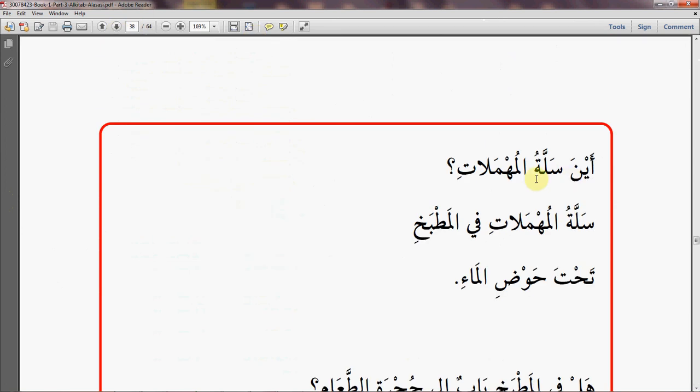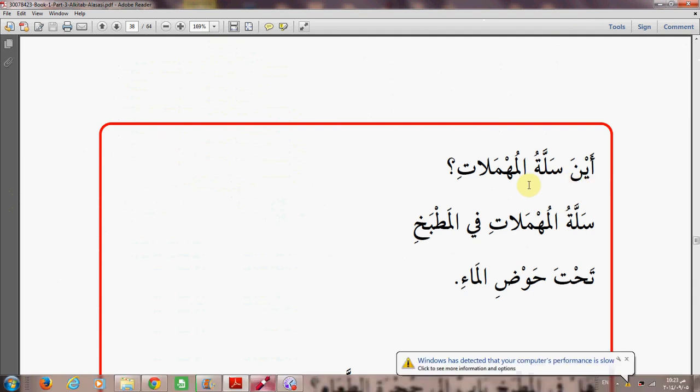أين سلة المهملات? So what is the meaning of أين? We can understand so far that أين means where. So you have to determine a location. أين سلة المهملات? Where is the basket of the rubbish? المهملات means the rubbish. سلة means basket.